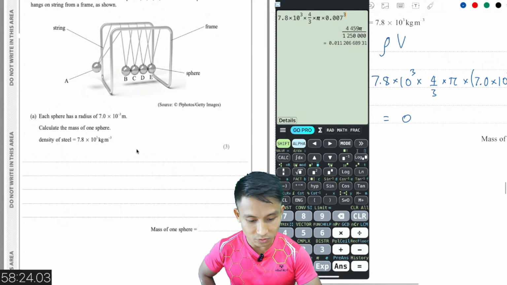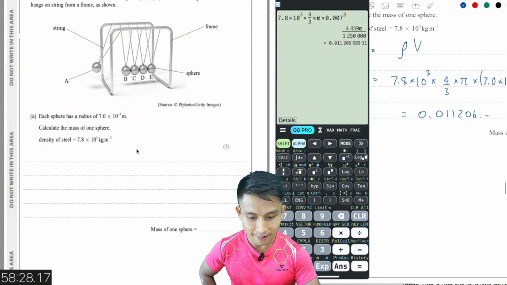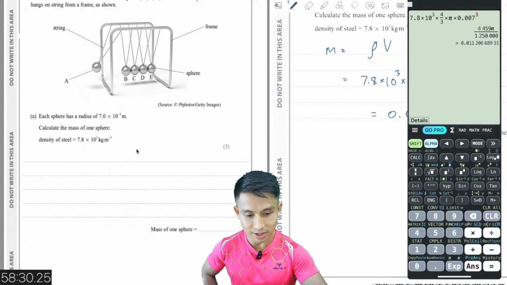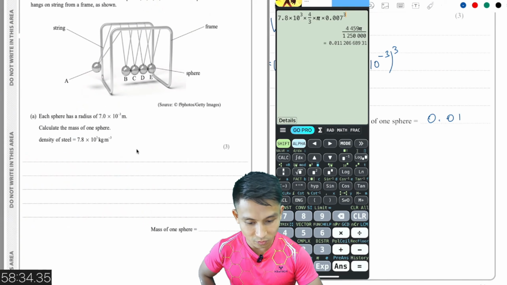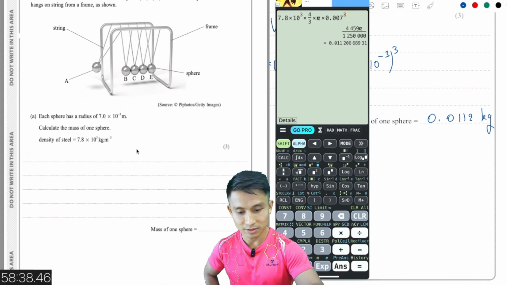So that would be equal to 0.011206 and so on. Wait, this is the mass, right? Okay, mass of one sphere, yeah, 0.0112 kilograms. That should be SI unit.